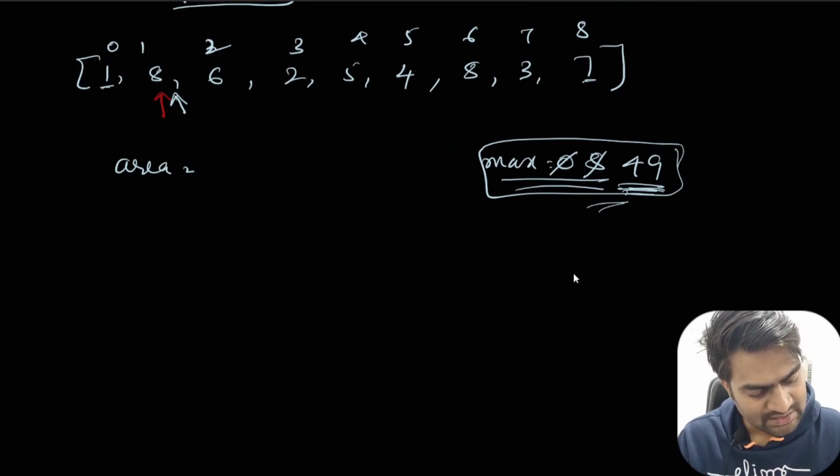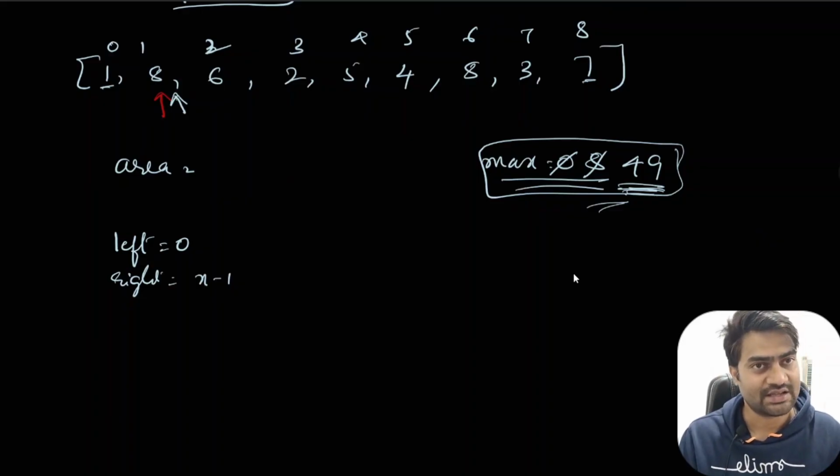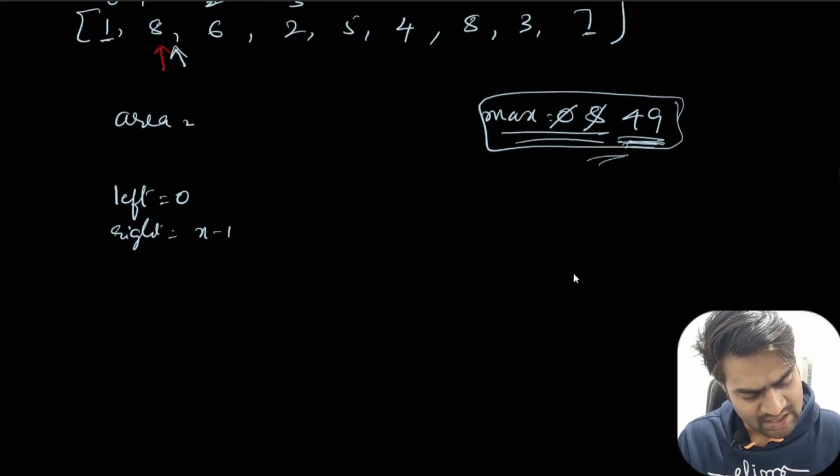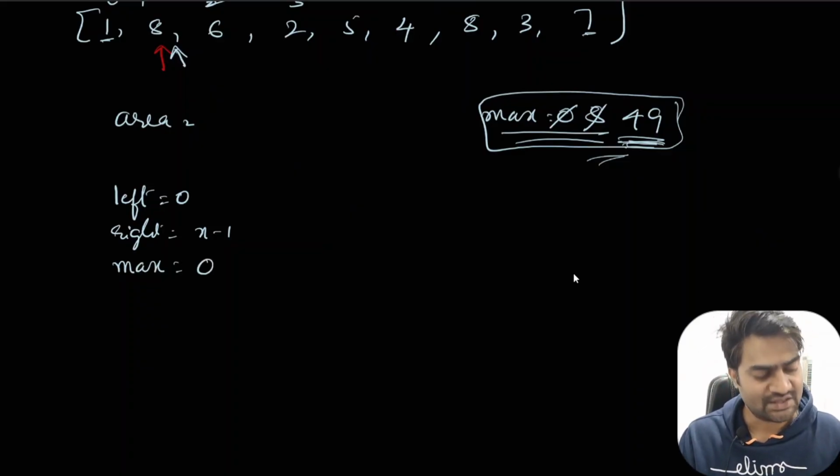Now what I will do, I will say my left pointer is at 0, my right pointer is at n minus 1. N will be length of our heights array. Now I will take another variable. I will say max equal to 0.